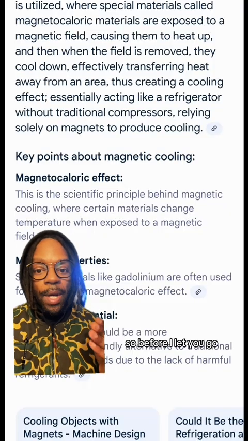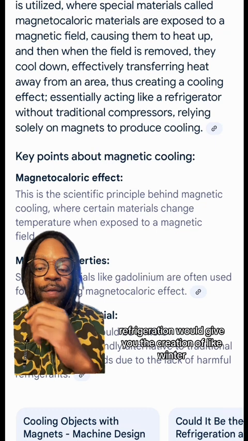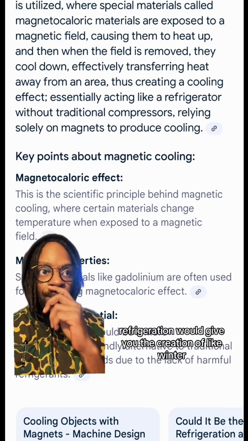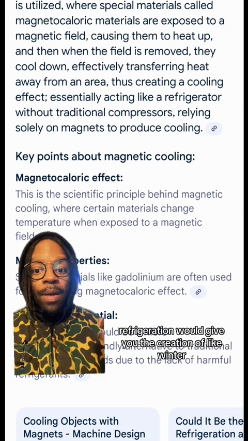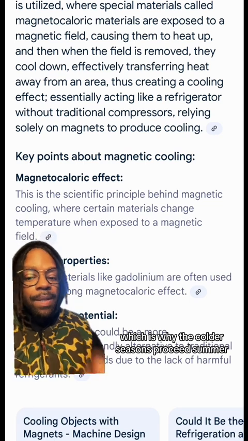So before I let you go, magnetic levitation times magnetic refrigeration would give you the creation of winter, which is why the colder seasons precede summer.